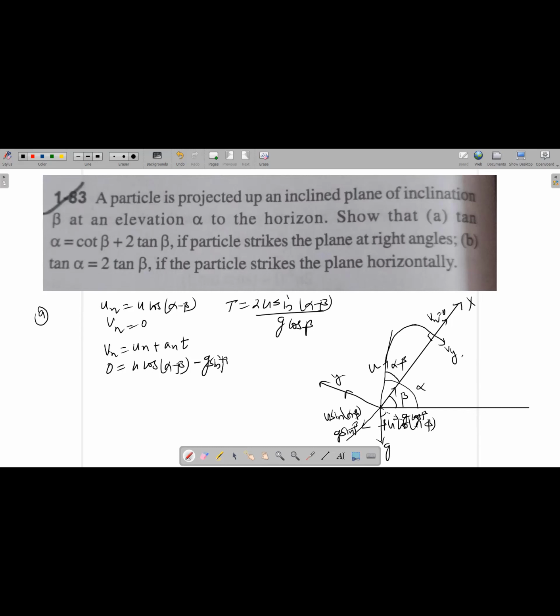So g sin beta into the time of flight, that is 2u sin alpha minus beta upon g cos beta. So u and u cancel, and g and g cancel. So this u cos alpha minus beta equals this complete thing; just cross multiply by cos beta here. This is 2 sine beta sine alpha minus beta. All good till here?